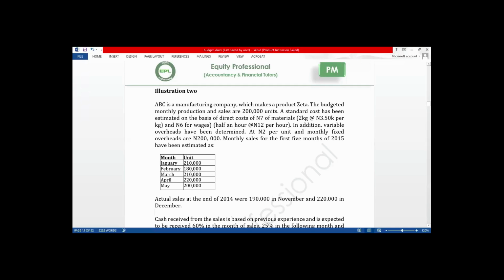A standard cost has been estimated on the basis of the cost of 7 naira of material. Standard direct cost for material is 7 naira. Look at 2 kg at 3 naira 50 kobo per kg.